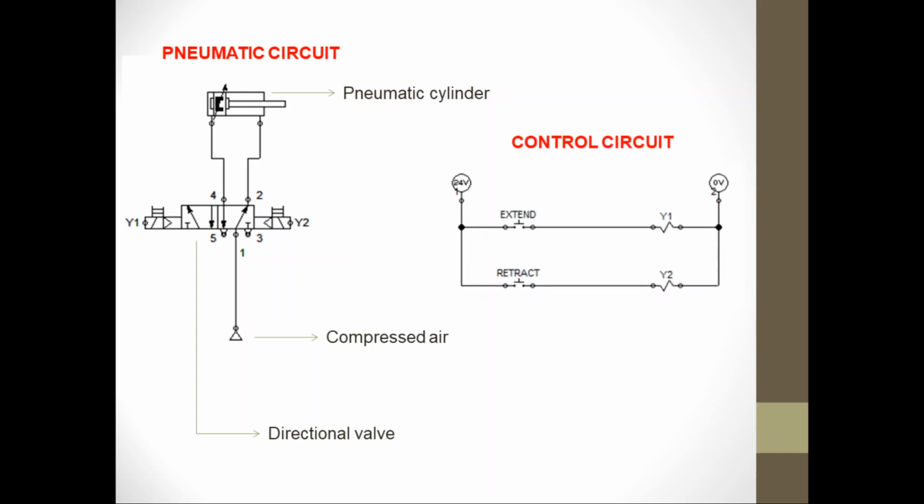For the control circuit, if you look at the pneumatic circuit, that is where the mechanical system can be found. And in the control circuit, this is where you can find the electrical system.